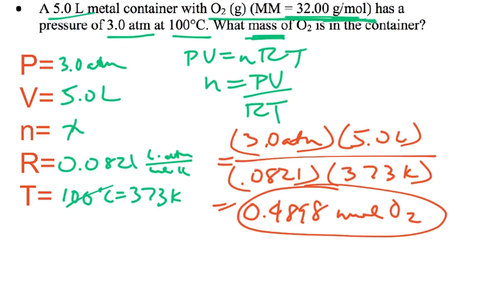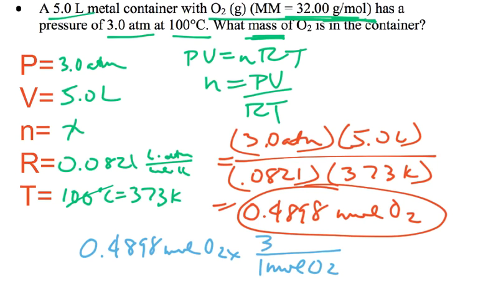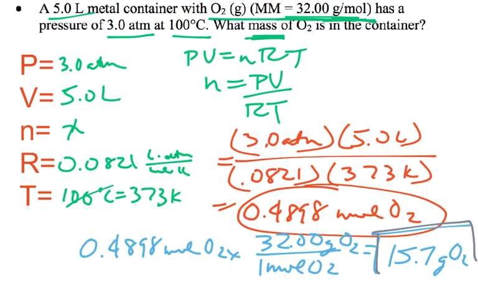And using the fact that the molar mass of oxygen is 32, if I have 0.4898 moles of oxygen, and every 1 mole of oxygen is 32 grams of oxygen, then I just take this answer and multiply by 32, and I get 15.67, I'm going to say 15.7 grams of oxygen, and that is my final answer for this problem.